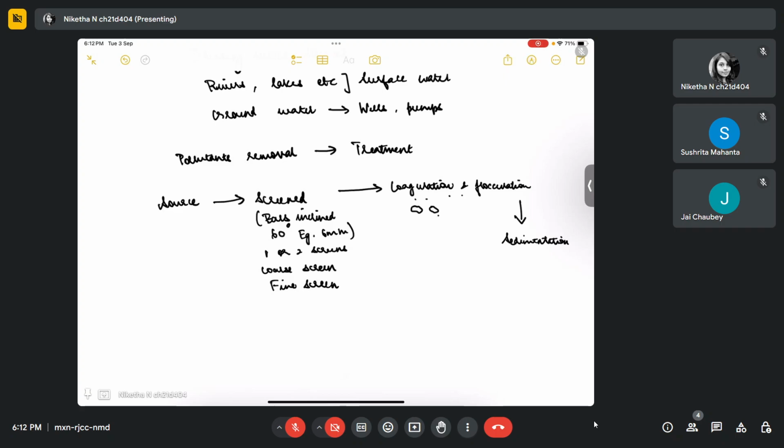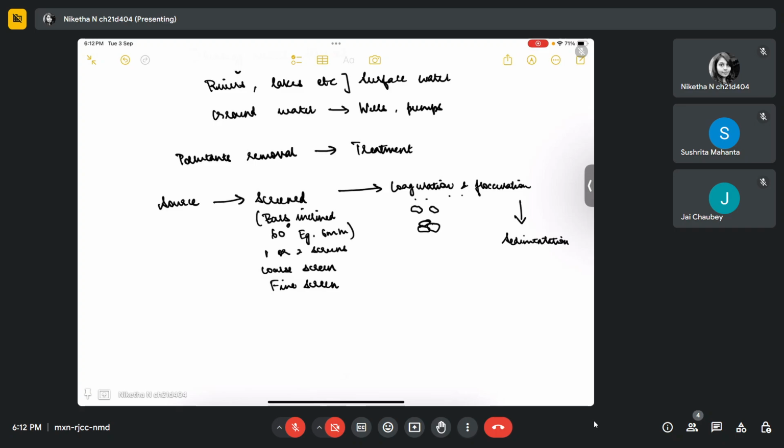During flocculation, this coagulated substance will come together, and its weight will be much bigger than what it was initially, and therefore it will be easier for it to settle down. After settling down, it will be collected and disposed. That is coagulation and flocculation. We'll see more about this in detail later on.